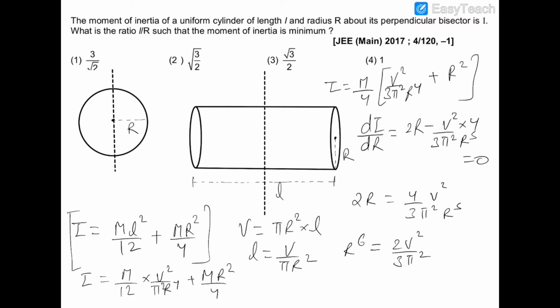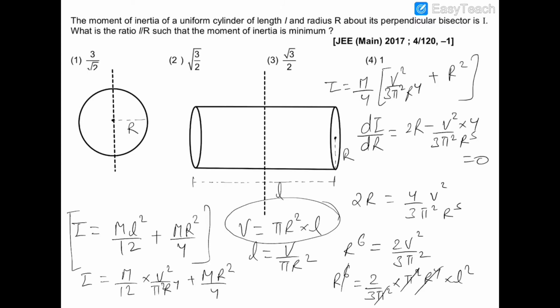Now the value of V is equal to pi r square into L. So r to the power 6 is equal to 2 by 3 pi square into pi square r to the power 4 into L square. So cancelling pi square with pi square and r to the power 4 with r to the power 6, r square is equal to 2 by 3 of L square.